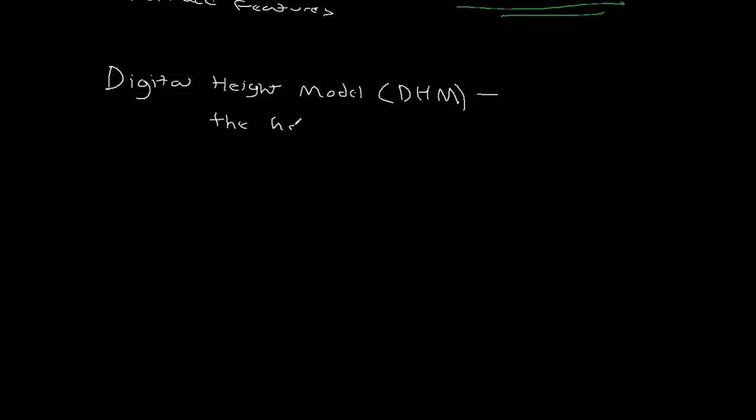Let's take a look at the last type, which is the digital height model, or DHM. The digital surface model and digital terrain model were including or excluding surface features. The digital height model is the height of surface features.